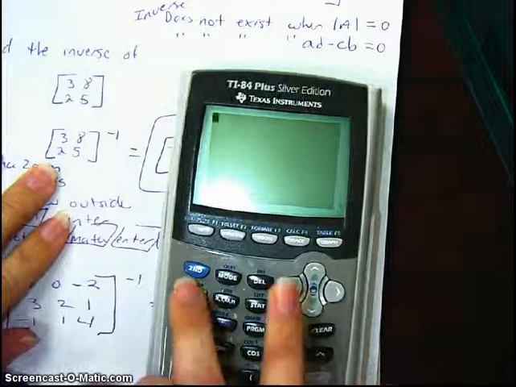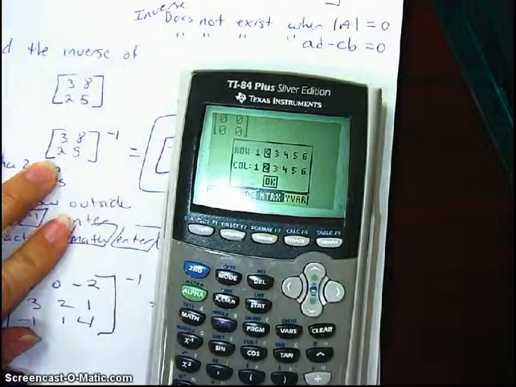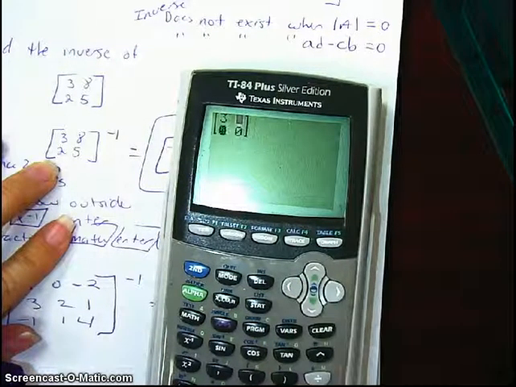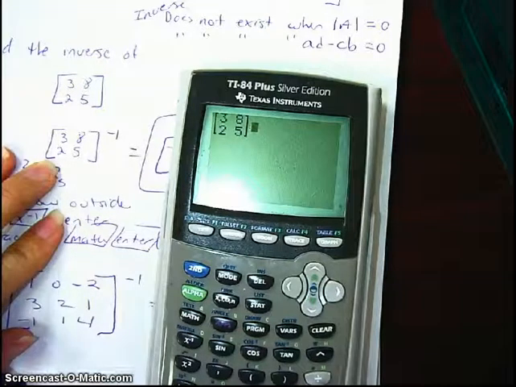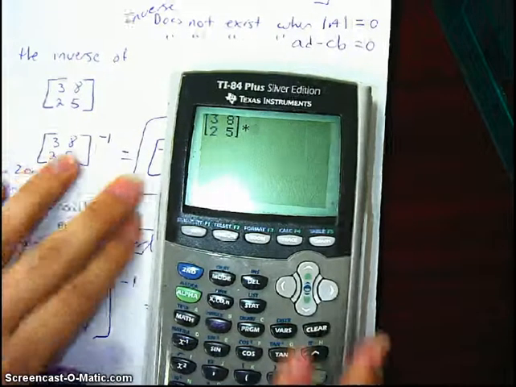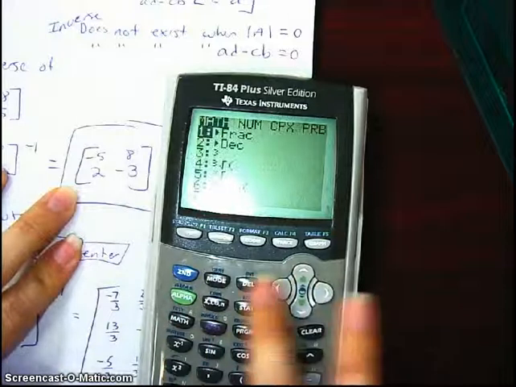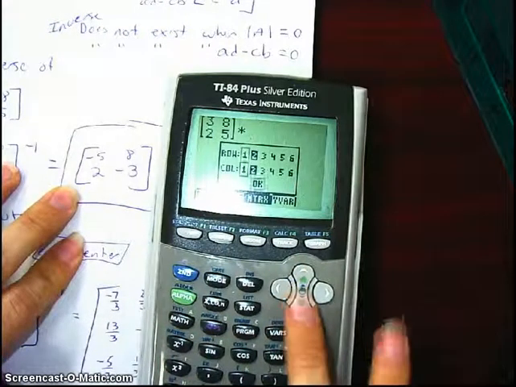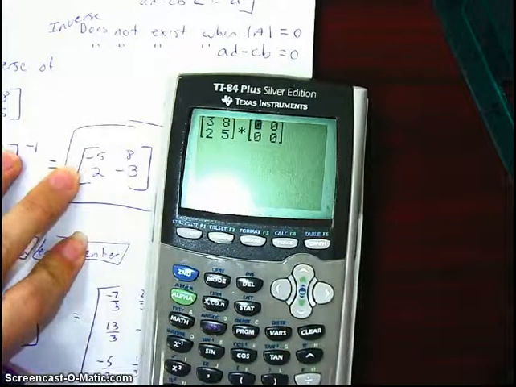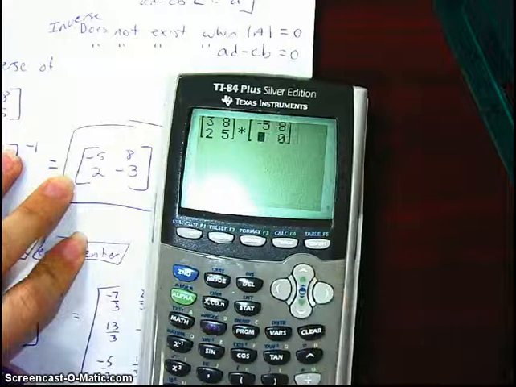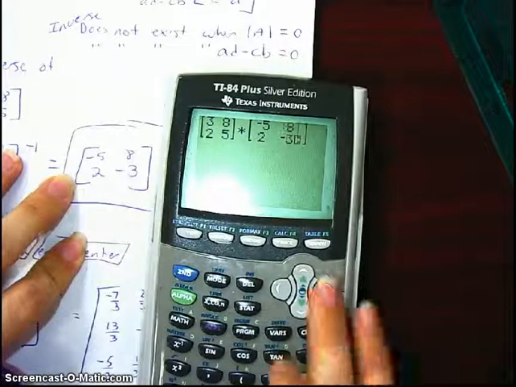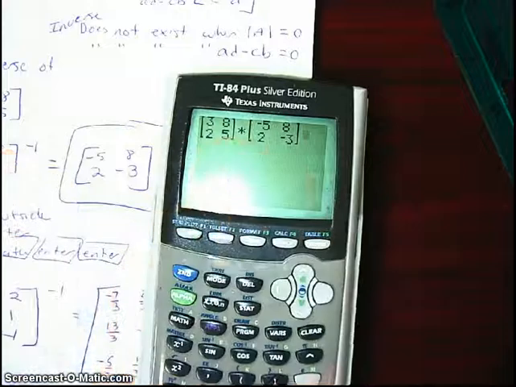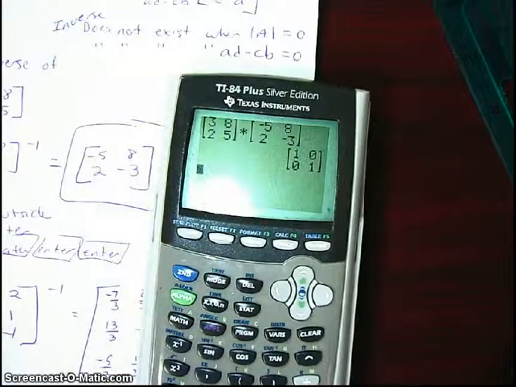So if we hit alpha zoom, make it 2x2, we would have 3, 8, 2, 5 as my A matrix. It has to be A times A inverse. You have to do it in that order. So times our answer matrix, negative 5, 8, 2, negative 3. When I do that, I should get my identity matrix, which is 1, 0, 0, 1. So we know that we got that question correct.